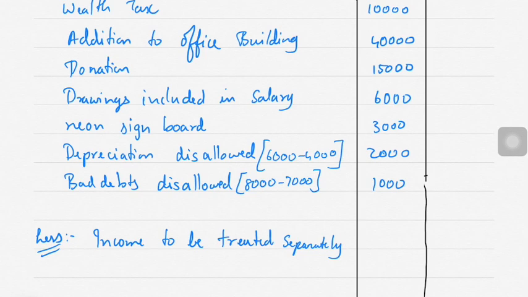Income to be treated separately or exempted income. Allowable business expense.